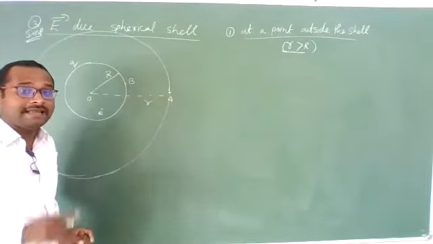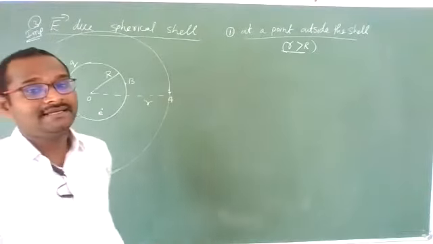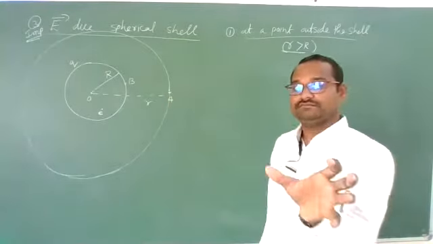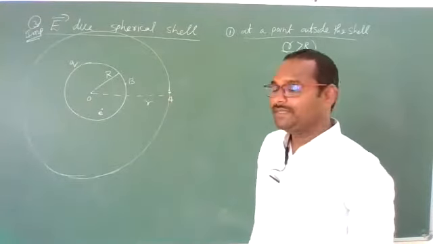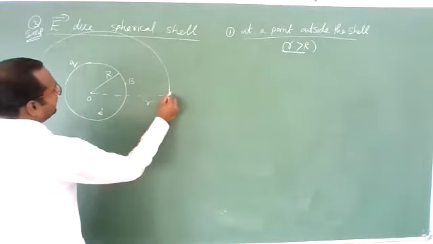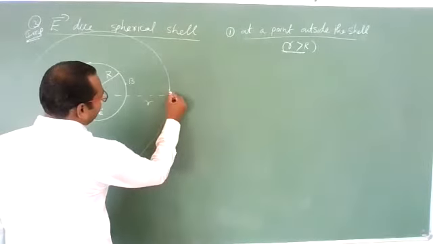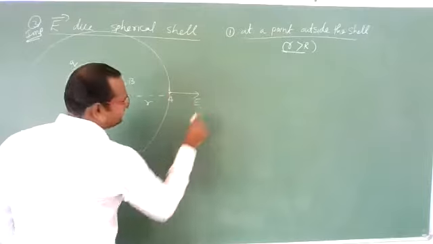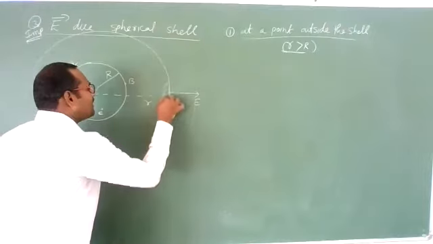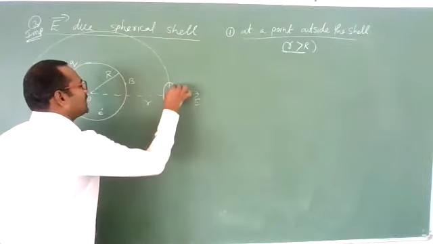Second point: electric field direction and Gaussian vector direction should both be in the same direction. Imagine, due to a charge Q at a distance r, at this point P the electric field points outside. Consider a small Gaussian surface dS.